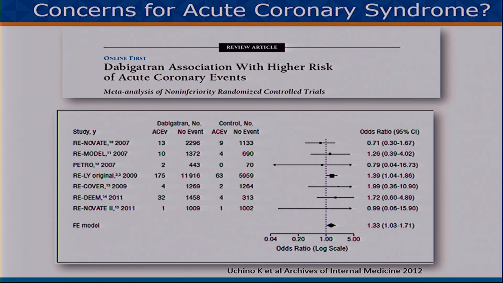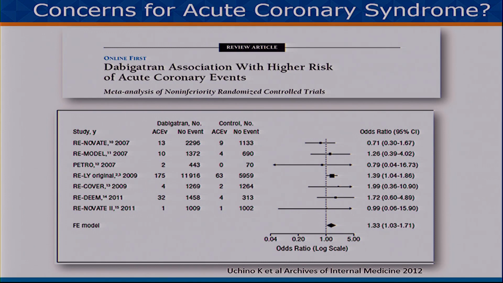After a trial is done, there's still often questions that come up in its review, its discussions, its applications. And one example of that was with dabigatran, where a meta-analysis stirred up a lot of interest in terms of whether there was a signal for acute coronary syndrome.